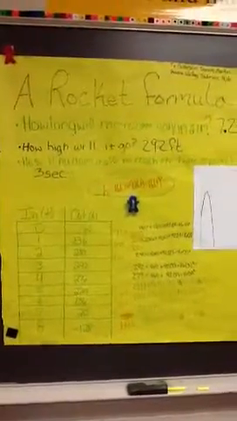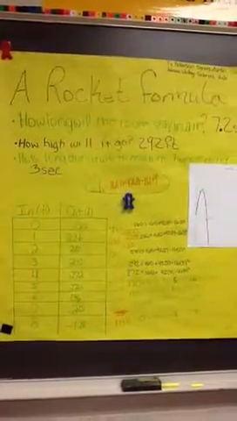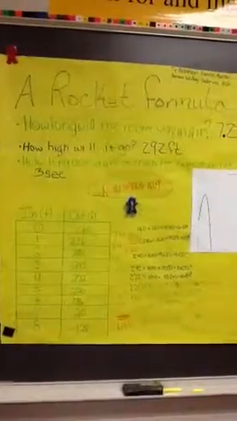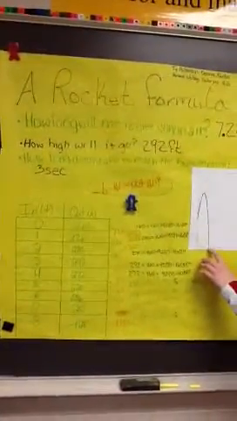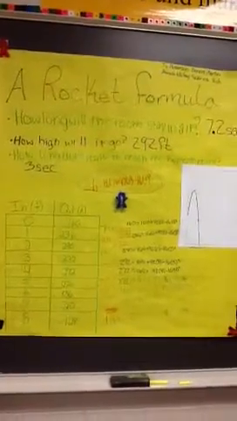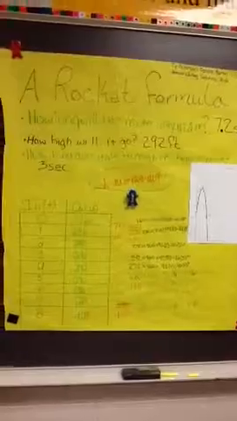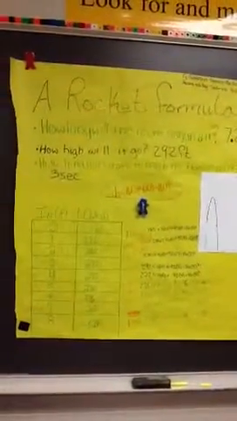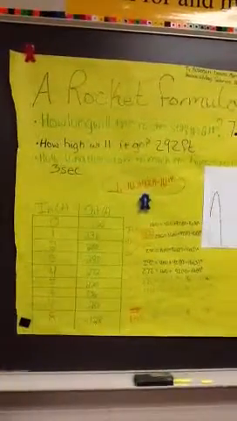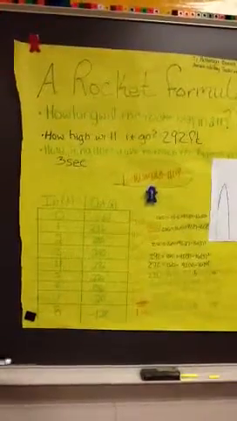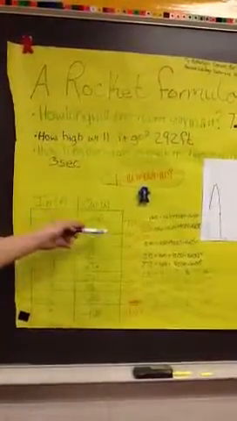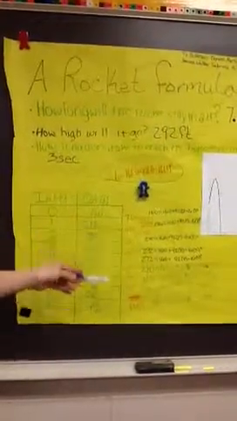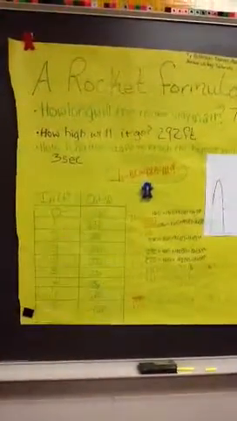We graphed it, and we showed our highest, which is 292, and then our lowest is 0 for 7.2 seconds. And then we made an in-out table, and we started with 0 and 60, and we went down to 8 and negative 128, and we figured out the difference, and it was 76 and 44, and the difference of those was 32.